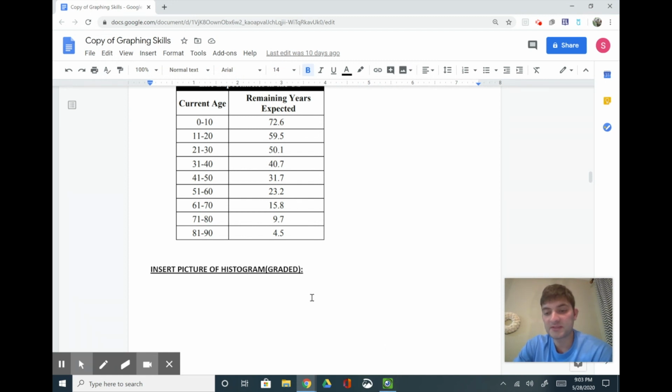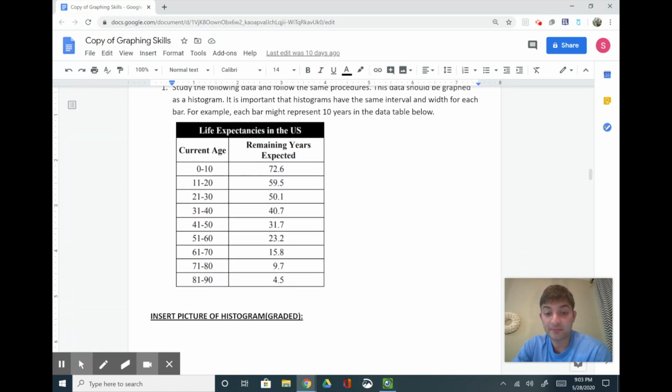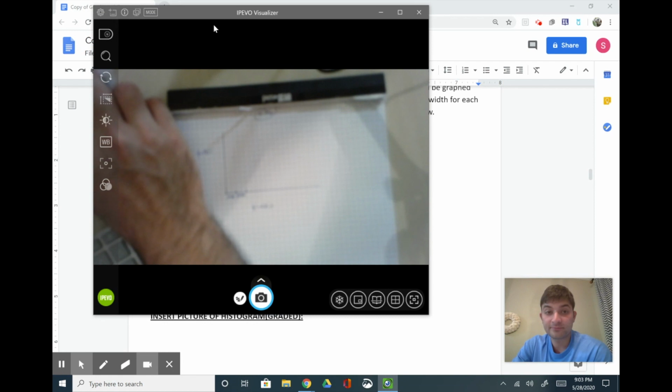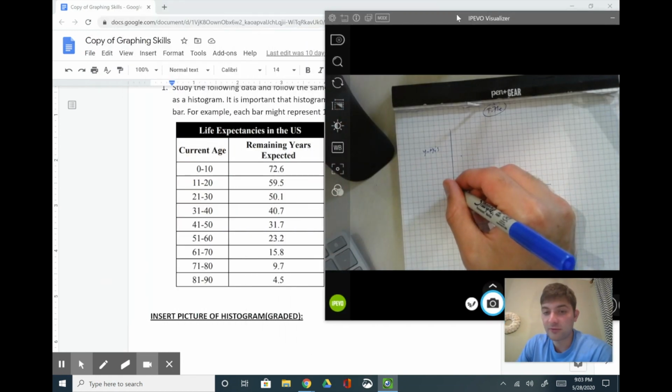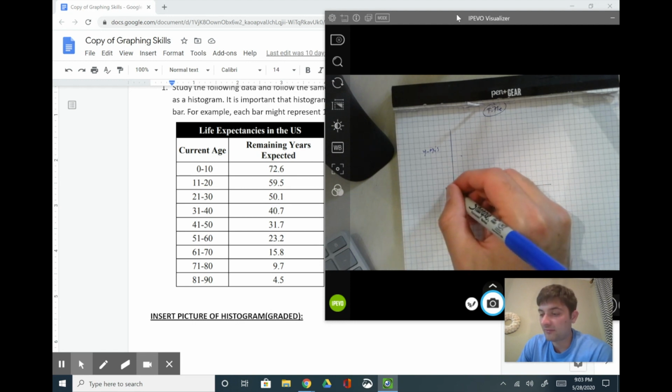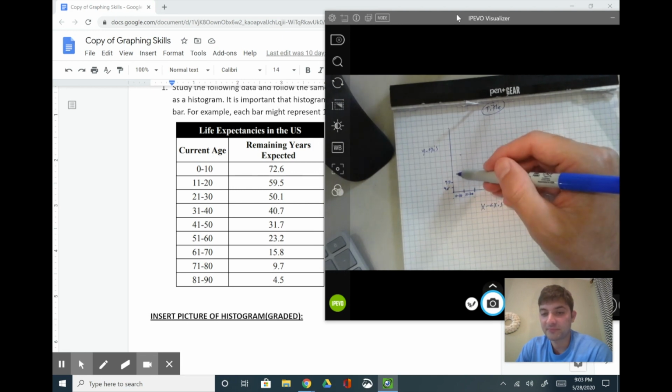They'll make this mistake on graphs, and not just bar graphs and histograms, on line graphs too. They will either go by the y-axis, so they'll start off with 4.5, 9.7, and so on. So the scaling isn't correct.